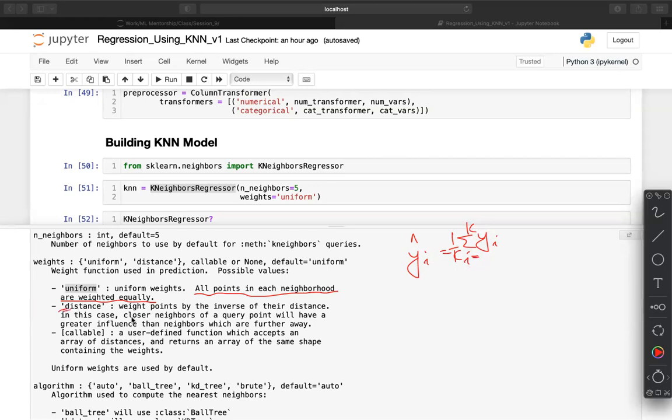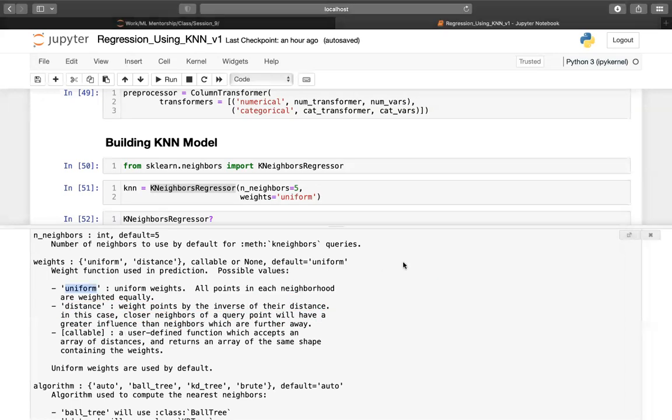But distance weights points by the inverse of the distance, 1 by d. That's how we calculate the weights. In this case, the closer neighbors of a query point that we want to predict will have a greater influence than the neighbors which are further away.